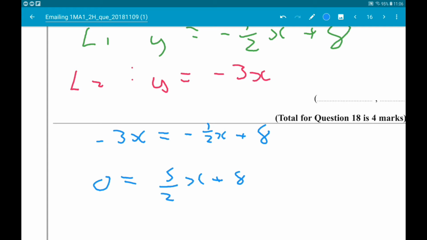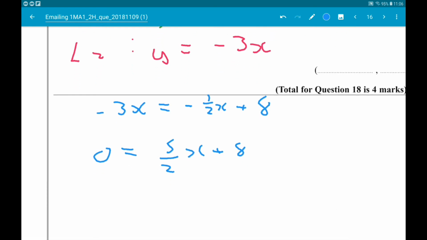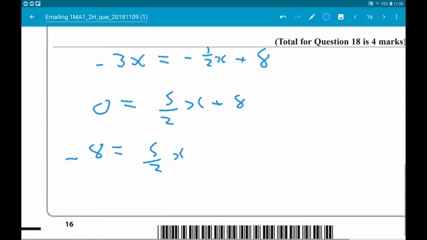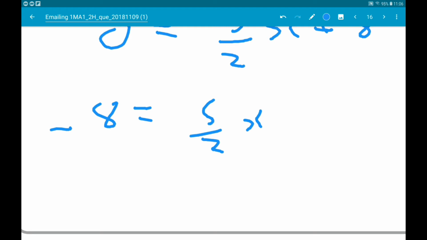Subtract the 8. We get minus 8 is 5/2 x. Multiply by 2, minus 16 is equal to 5x. Divide by 5, we get x is minus 3.2.